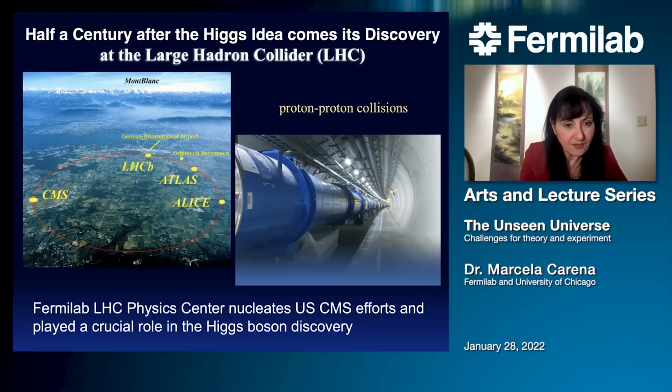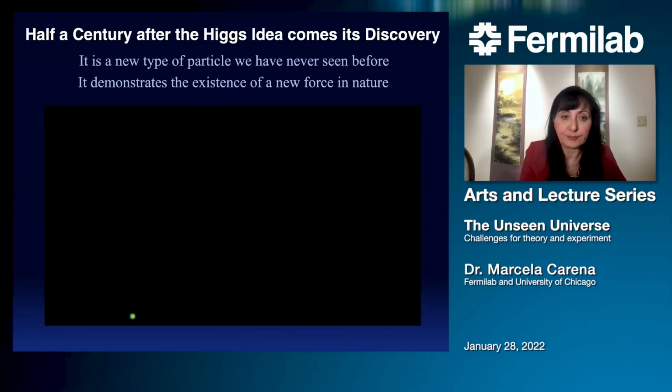And you know, you have a really big experiment when it is big compared with an international airport. I would like to add that Fermilab Large Hadron Collider Physics Center nucleates the US efforts in one of the two big experiments. One is CMS, the other one is Atlas, the two experiments that discovered the Higgs boson, and the Fermilab LHC Physics Center played a crucial role in the Higgs boson discovery.